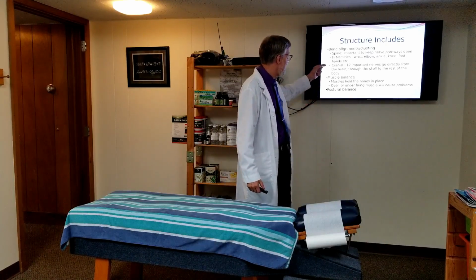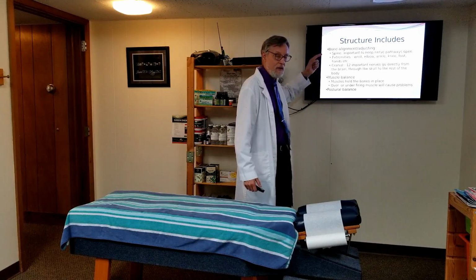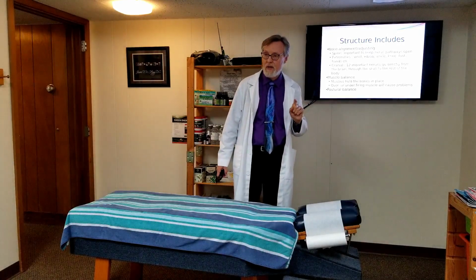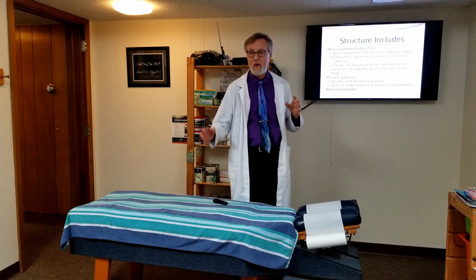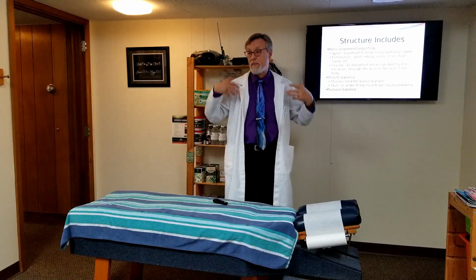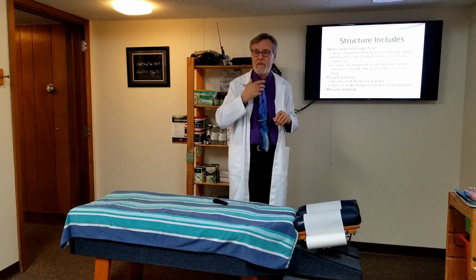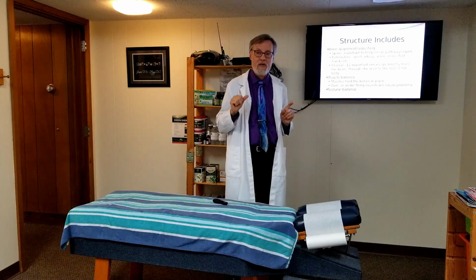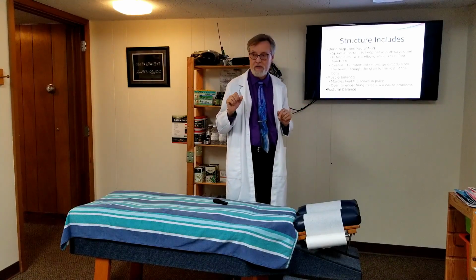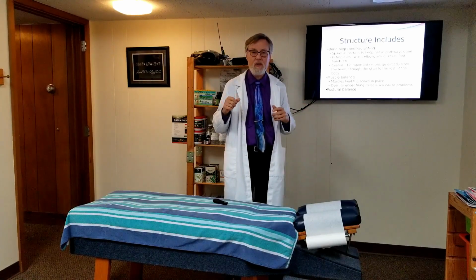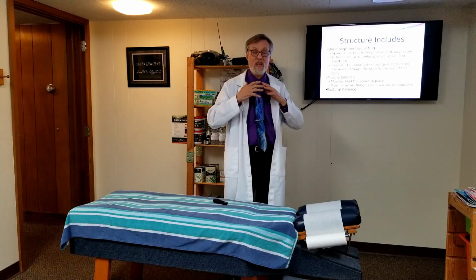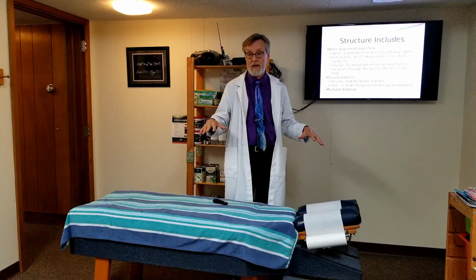Now, something we do in applied kinesiology that's different, that most chiropractors don't do, is work with the cranial nerves. There are 12 nerves that don't go down through the spine. They go directly from the brain out to different parts of the body. A lot of them have to do with sensory apparatus, the eyes, the ears, sense of smell. There's one especially called the vagus nerve, cranial nerve 10, that goes from the brain to pretty much every organ in your body.